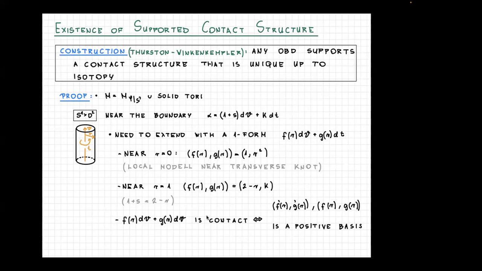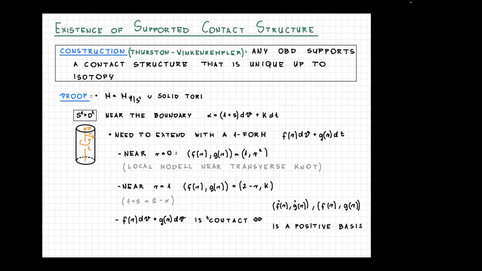This is how the one form looks on the mapping torus, and I'm going to look for a one form in this shape: f(r) d theta plus g(r) dt.